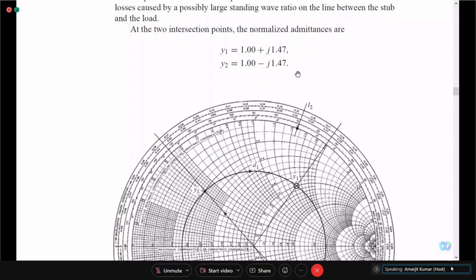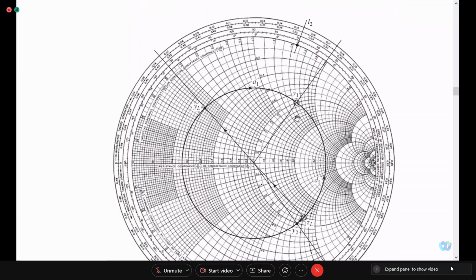So what is the Y1? Can you locate the value of Y1?